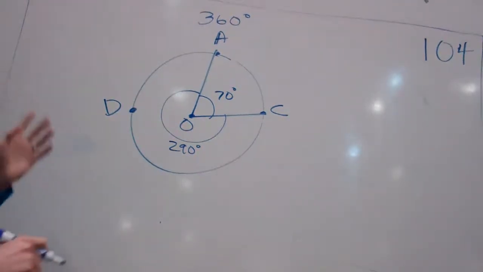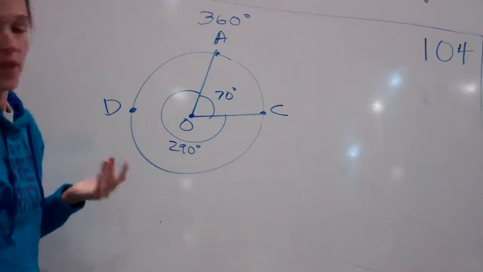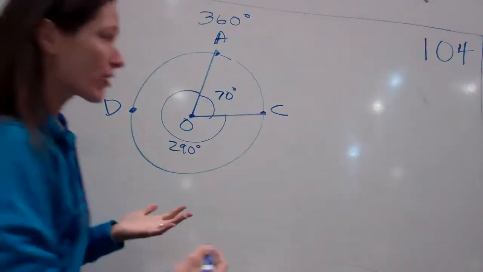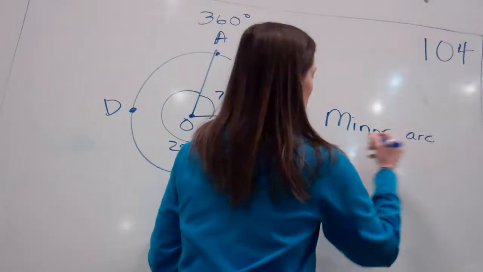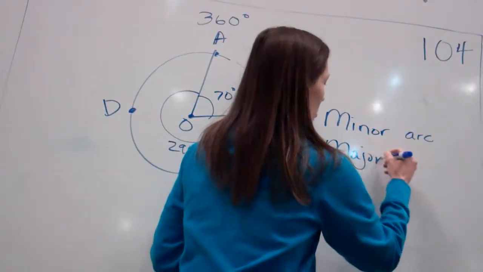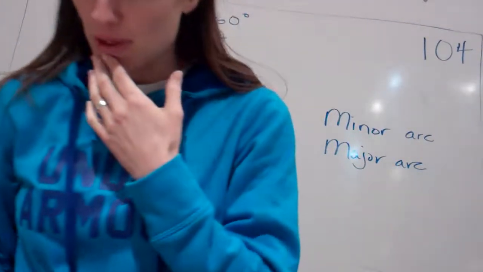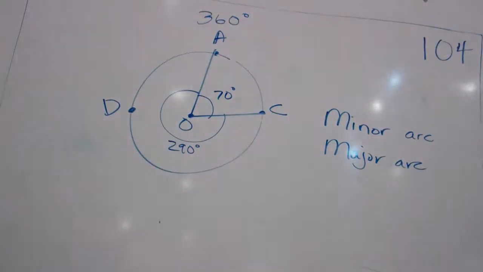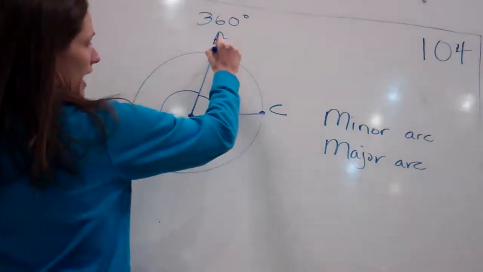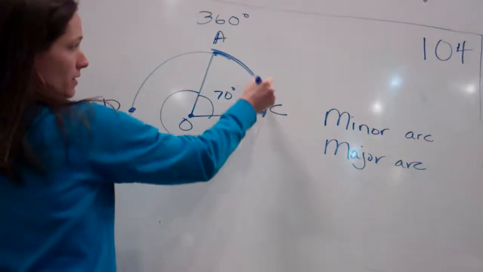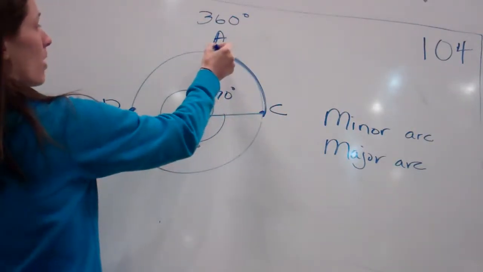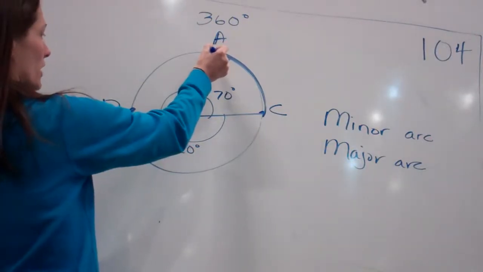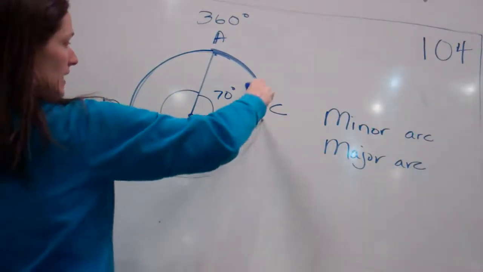Now, all I need to share with you is that there are minor arcs and major arcs. A minor arc is if I went, this is the arc AC. Everybody see that? This is major arc ADC.